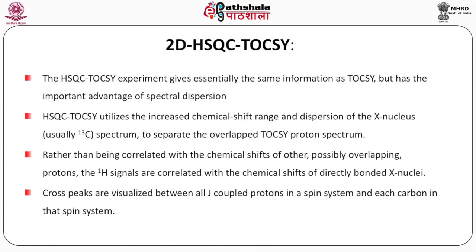Rather than being correlated with the chemical shifts of other possibly overlapping protons, the proton signals are correlated with the chemical shifts of directly bonded X nuclei. Cross peaks are visualized between all J-coupled protons in a spin system and each carbon in that spin system.